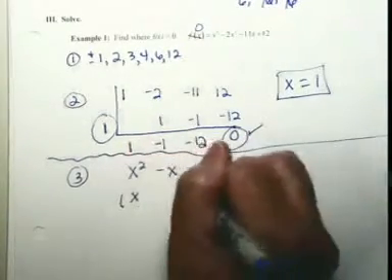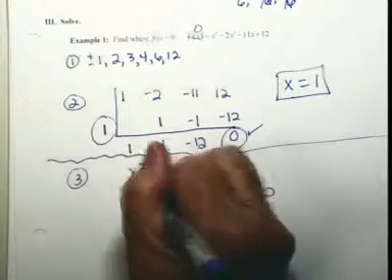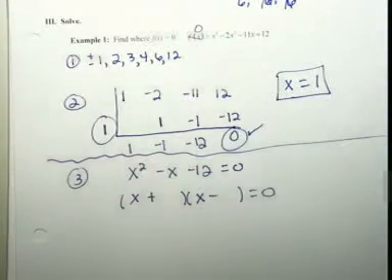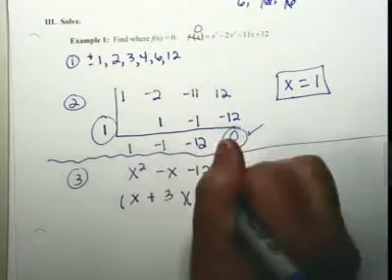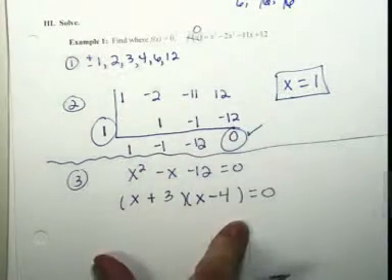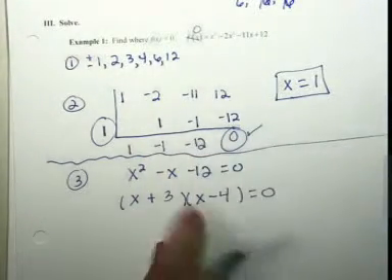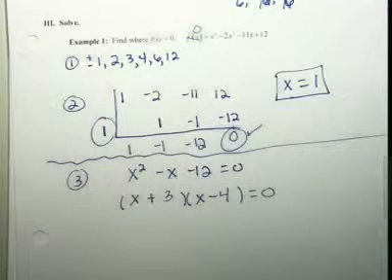X squared is x times x. Minus on the end is 1 plus 1 minus. Minus 4x plus 3x does give me a -1.